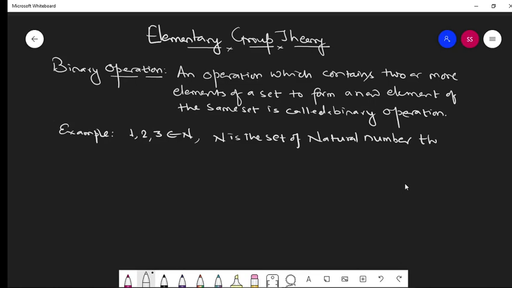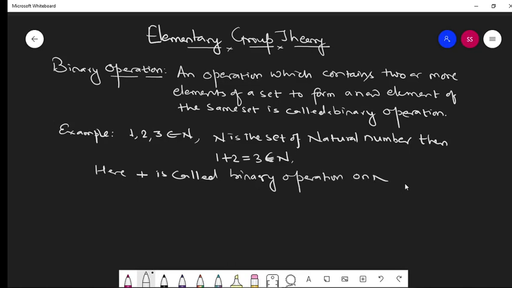Then, for example, 1 plus 2, the result is 3, which also belongs to N. This is a binary operation. Here 1 plus 2 is 3, and 3 belongs to N. So plus is called a binary operation on N.